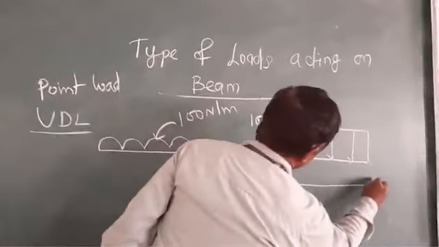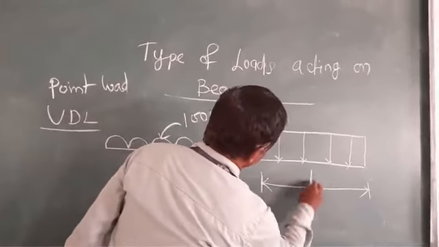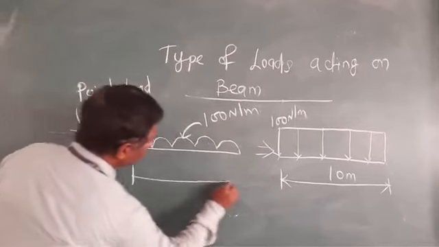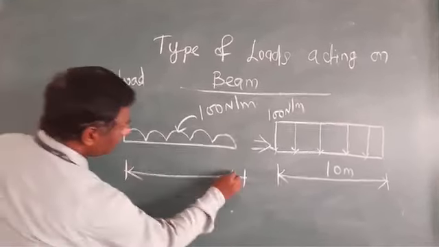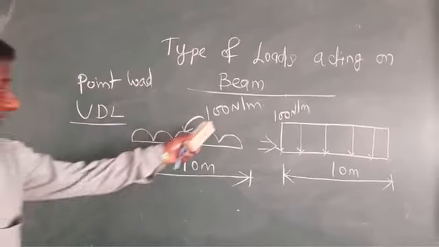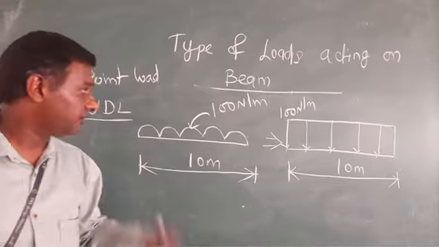Let's take the span of the beam as 10 meter, with the same height. Now how can we get the total load due to this uniformly distributed load?